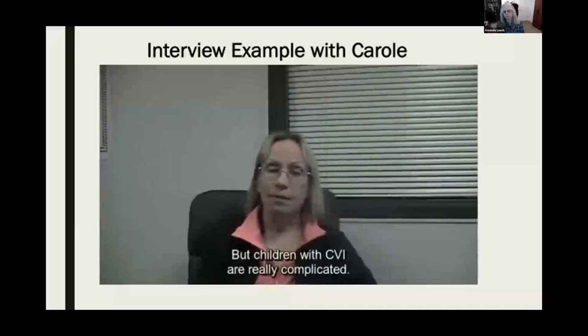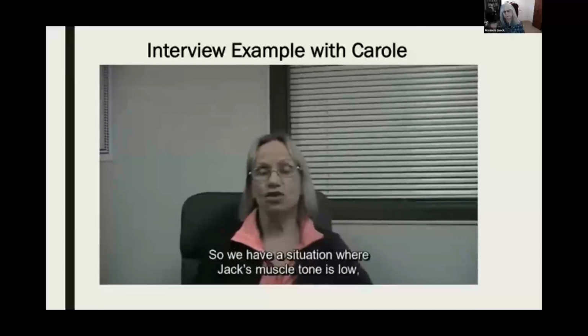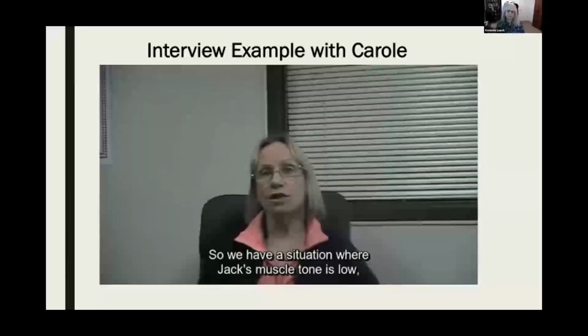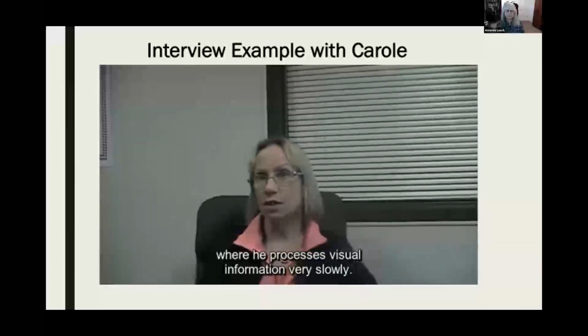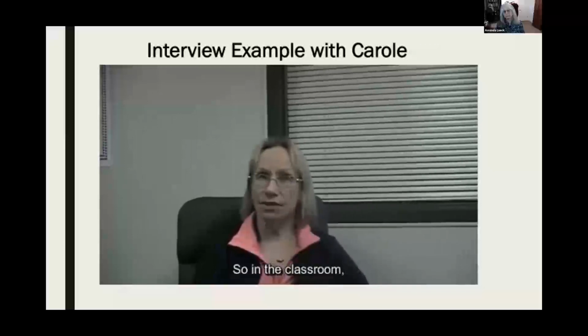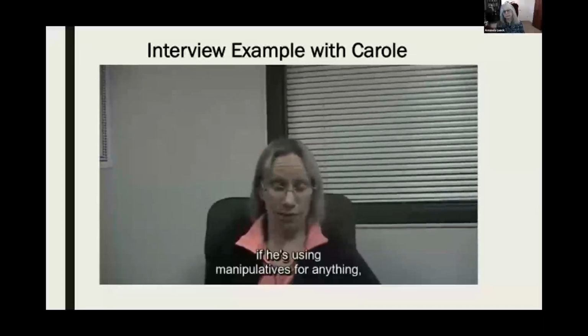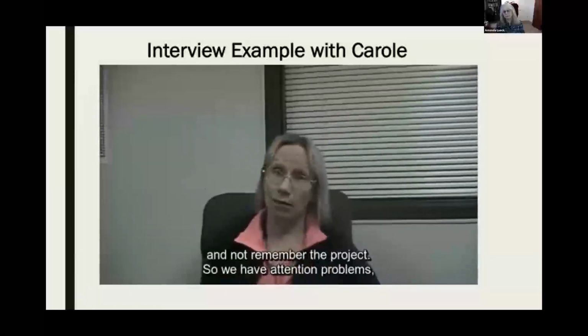But children with CVI are really complicated, and so we have a situation where Jack's muscle tone is low, where he processes visual information very slowly, and he is also highly distractible with anything in his hands. So in the classroom, if he's using manipulatives for anything, he'll get overly involved with what's in his hand and not remember the project.